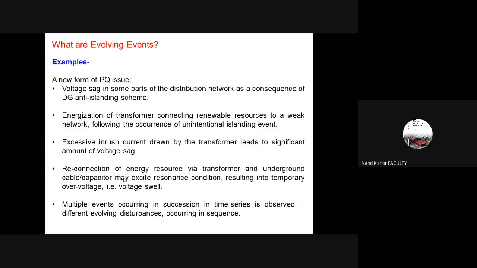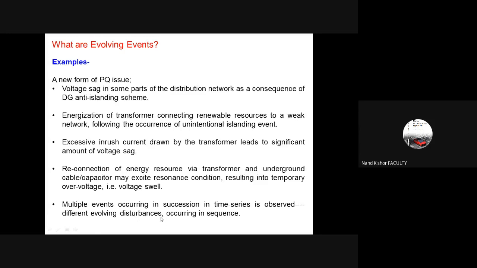This is another consequence that you come across. Then, the same way, there could be multiple events occurring in succession. This is what I refer to here. So evolving events are those events which occur in succession, that means we observe them in a time series.